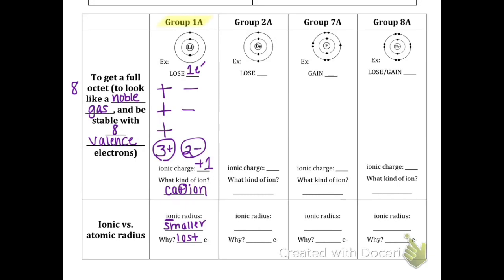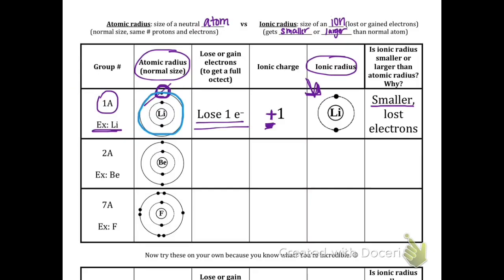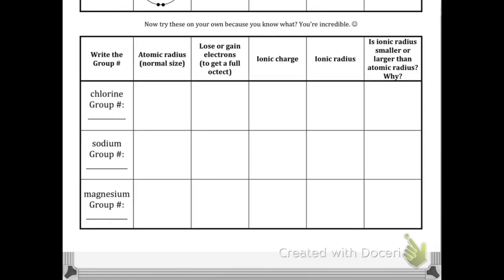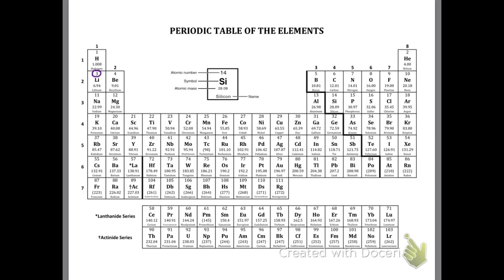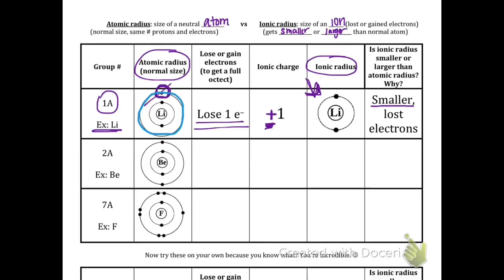Okay, so let's apply this to group 2. An example that I used is beryllium. If you look on the periodic table over here, we see that beryllium has 4 protons and electrons in its neutral state. So I drew it for you over here.